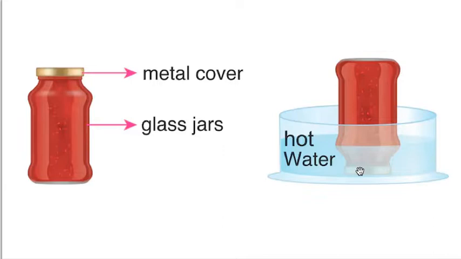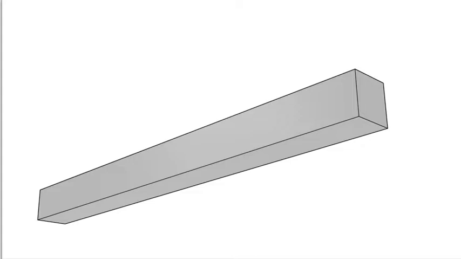So that's thermal expansion in your everyday life. Now let's go to the equations. Let's imagine that we have this bar, this long bar made up of some material. It doesn't matter right now. But I want you to notice that this thing has something very important.